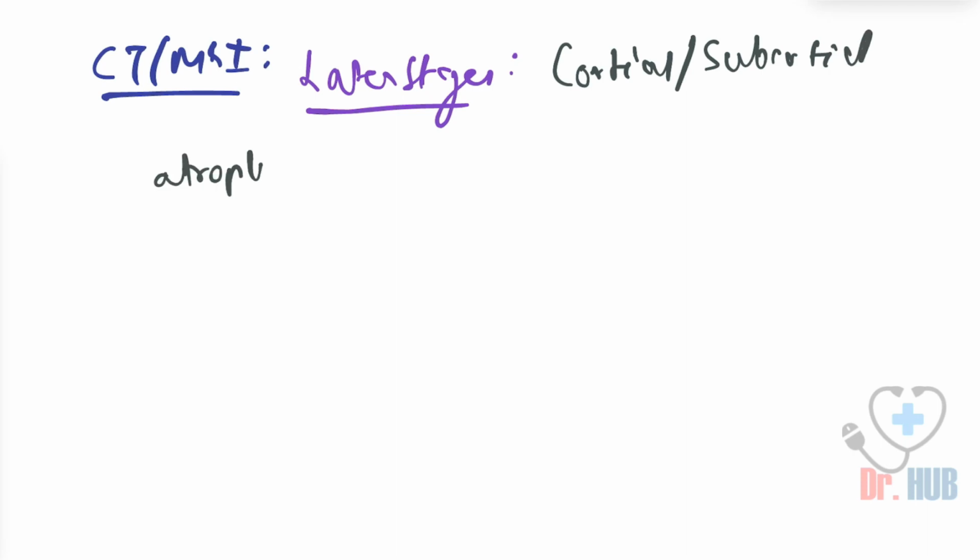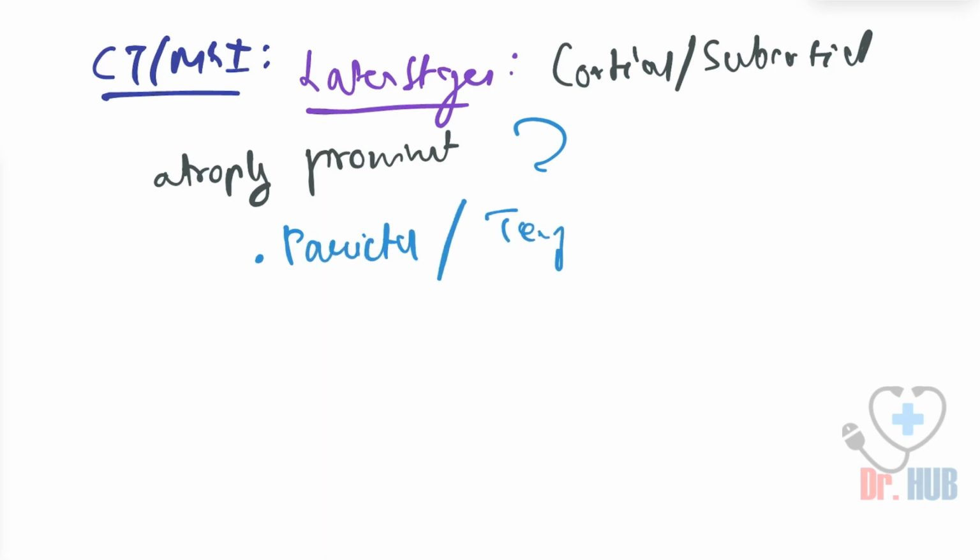This cortical and subcortical atrophy is prominent in the parietal as well as the temporal lobes, and particularly in the hippocampus.